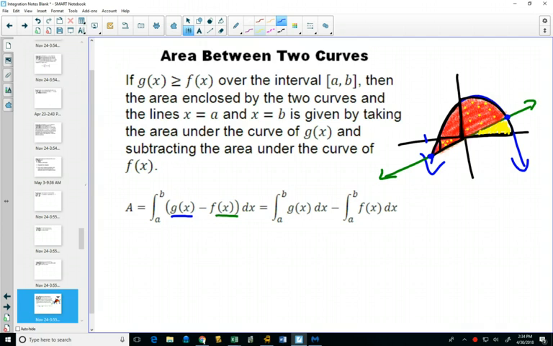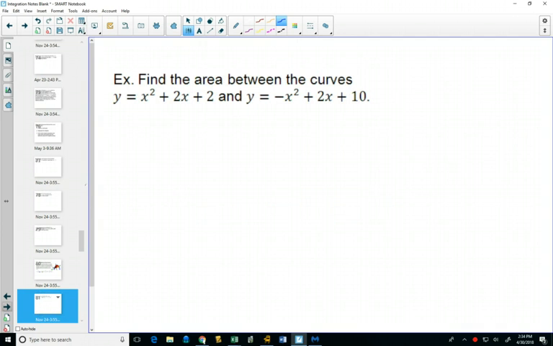So one of the things that we're going to have to figure out is which function is above and which function is below. So you're going to want to sketch these quickly off to the side. So here I have this one which I'm underlining in blue, and I'm going to quickly underline this one in green. Without any axes, what do I know about the blue graph? It's a parabola that opens up.